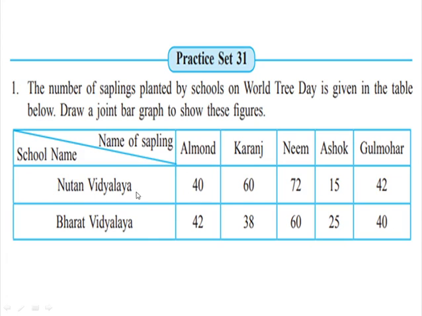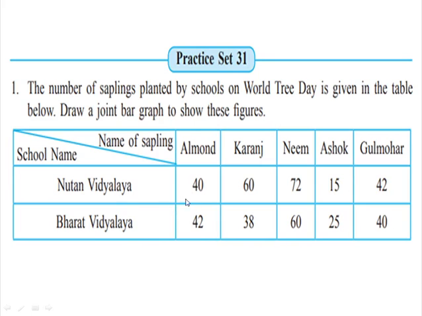So Nutan Vidyalaya planted 40 saplings of almond, whereas Bharat Vidyalaya planted 42 saplings of almond. Similarly, here is the number of Karanj saplings planted by Nutan Vidyalaya and Bharat Vidyalaya. Also, the different types of saplings planted by these two schools are given. So you have to go through the information and accordingly draw the joint bar graph.